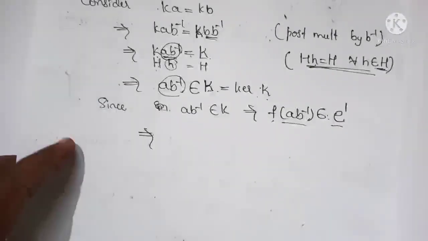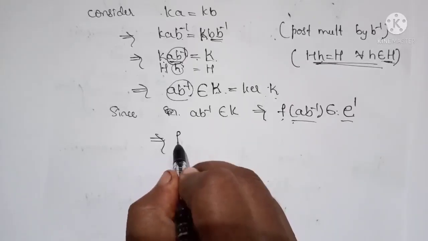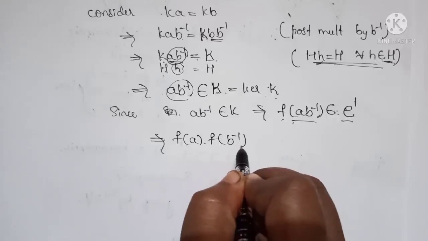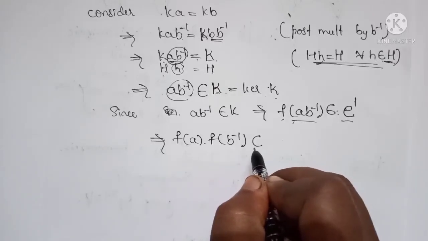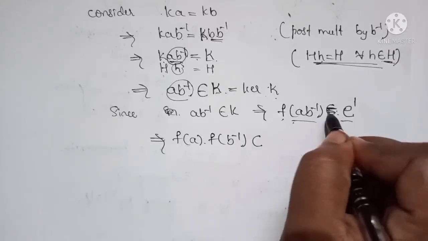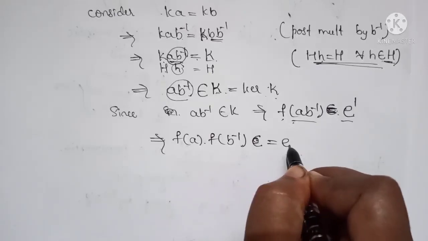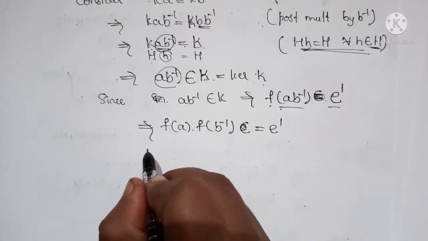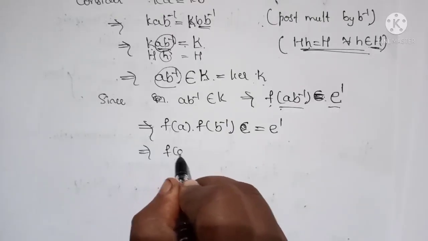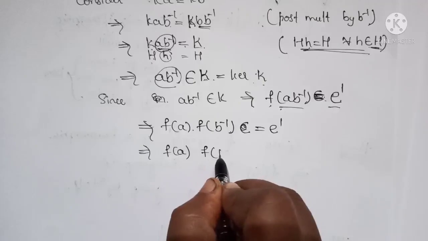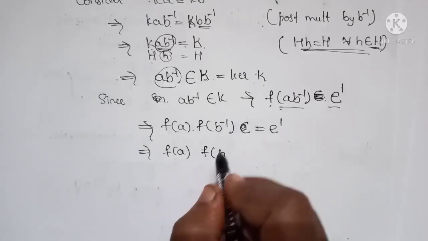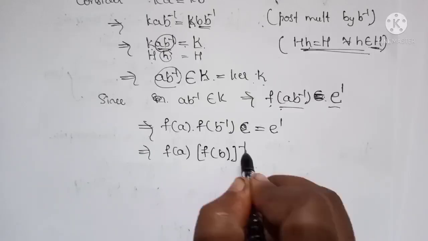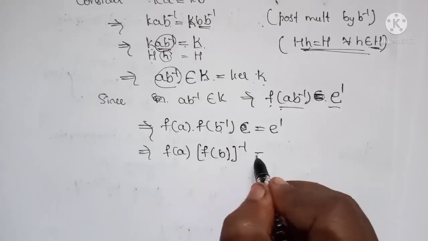Therefore we can write it as f of A into f of B inverse, by the definition of homomorphism. So it equals the identity element of G dash, that is E dash, or it can be written as f of A into f of B whole inverse, by the property of homomorphism.